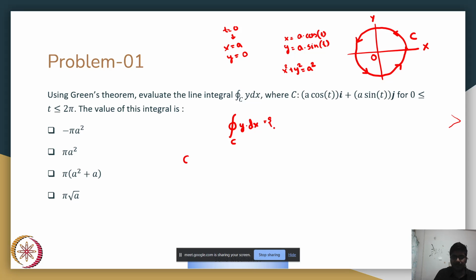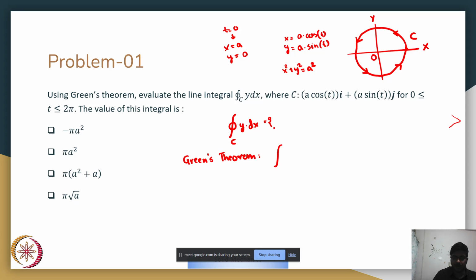So we'll be using Green's theorem, which essentially states that for a closed curve C, it relates the line integral over the closed curve C to the region enclosed by that particular smooth closed curve.